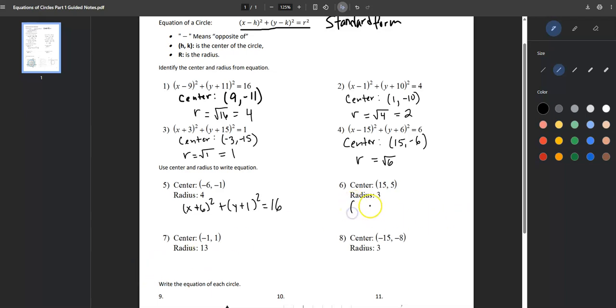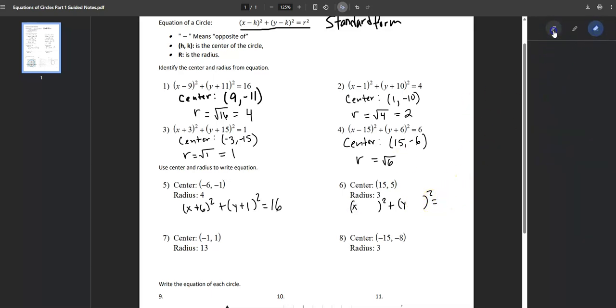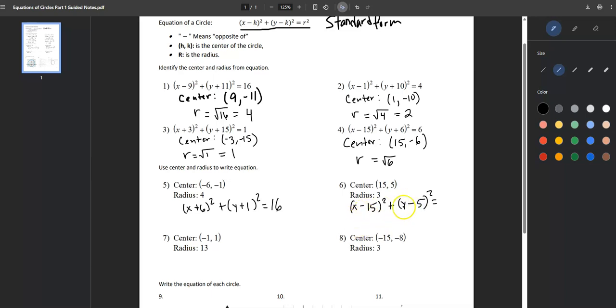This next one, again, this form every time. You're just replacing the H and K and the R here. So for this one, we'd go x minus 15 because it's always the opposite, and y minus 5. Again, the form is x minus, y minus. And then I'm going to square 3, which would give me 9.